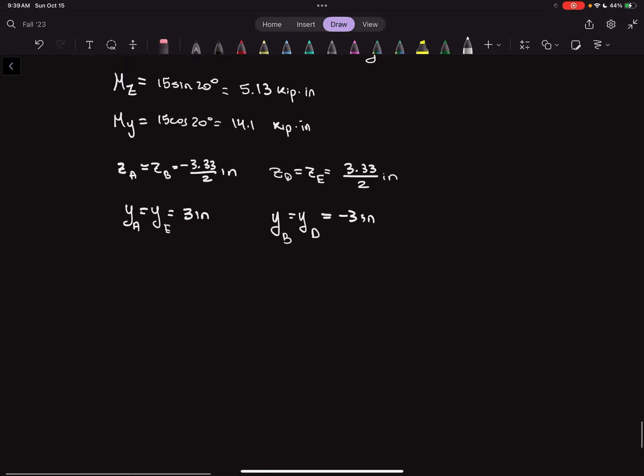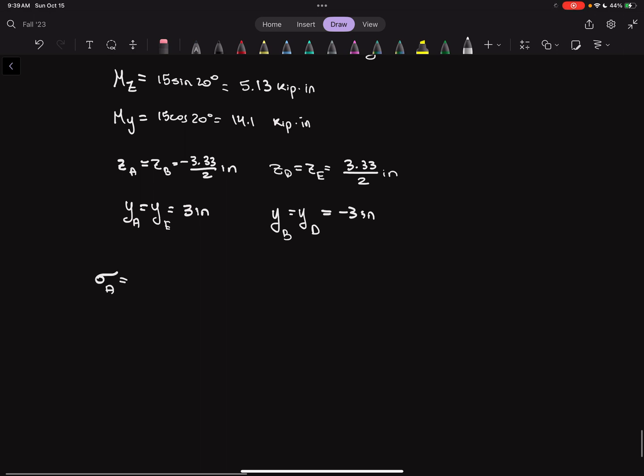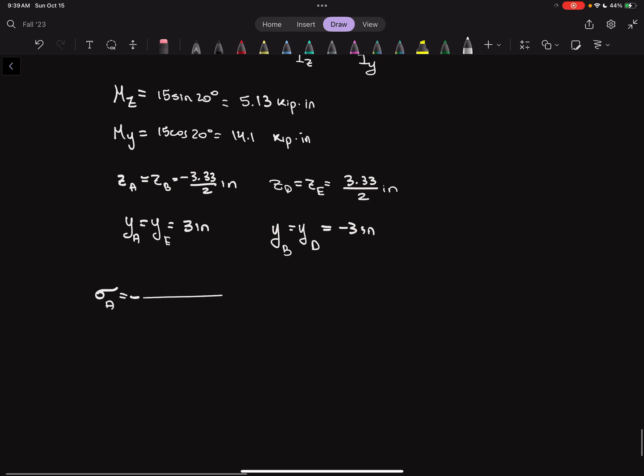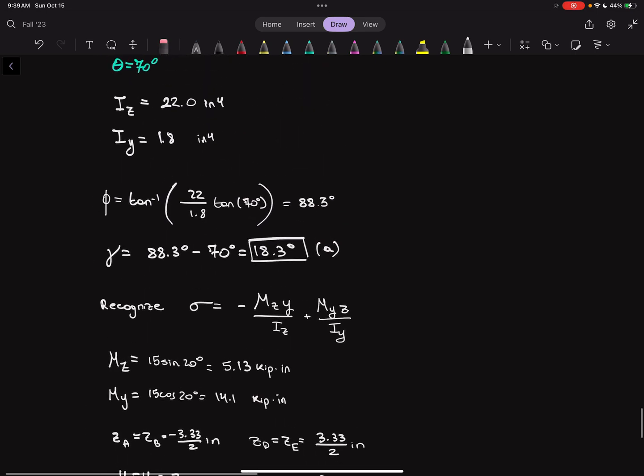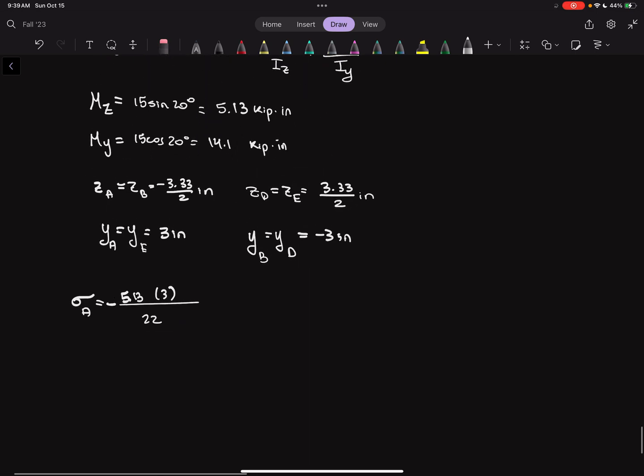And so now that we have this, we can say sigma at A is going to be equal to minus Mz 5.13 times y at A, 3, divided by Iz, which is 22, plus 1.8 here, 14.1, and now we need the z for A, which is negative 3.33 divided by 2.